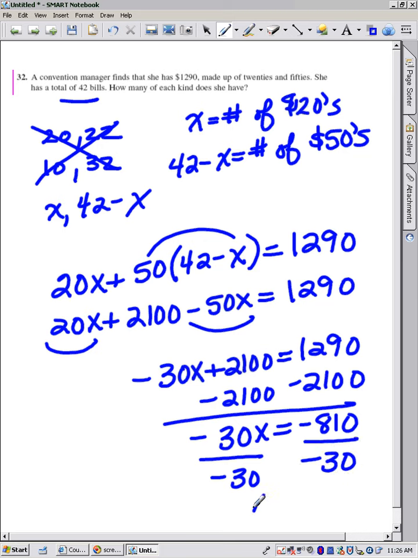So x is 810 divided by negative 30, which is 27. So that means we have 27 $20 bills. And how many 50s? Well, the number of 50s is 42 minus 27, which is 15.